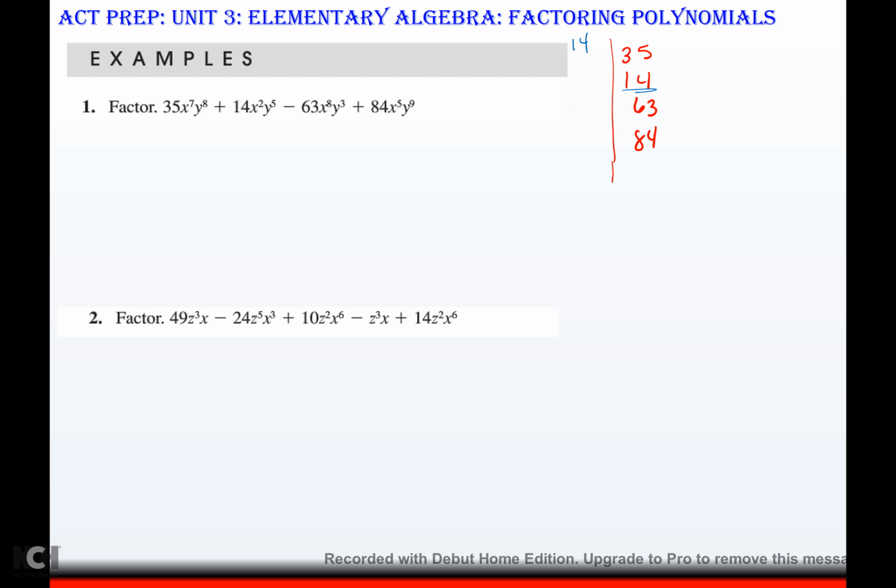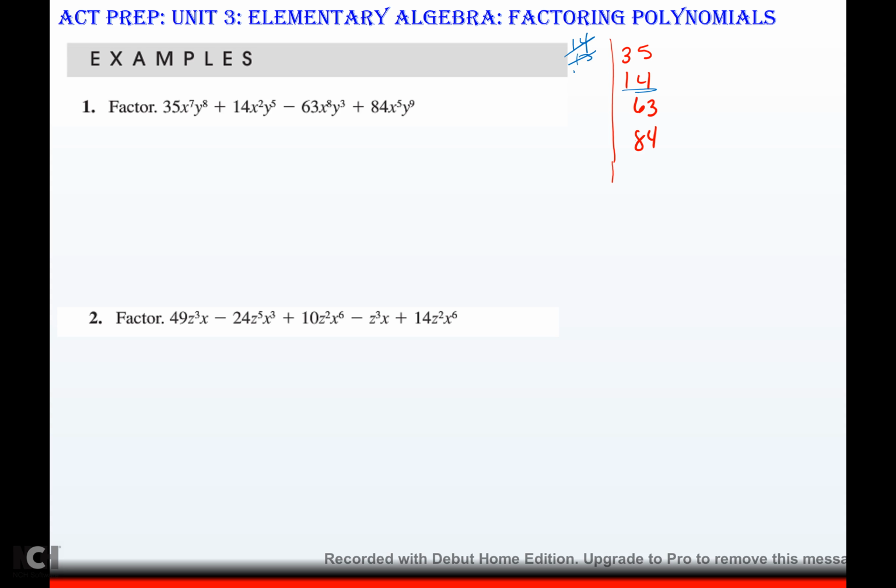Does 14 go into 35, 14, 63, and 84? Well, I know it doesn't go into 35 because there's nothing times 4 that ends in a 5, so it can't be 14. But it can't be anything bigger than 14 either, because you can't have something bigger than your smallest number being a factor.